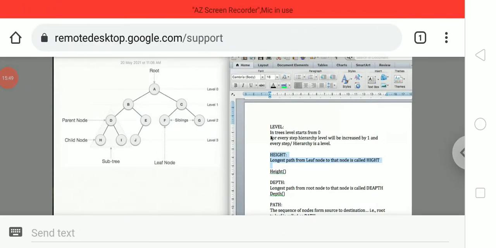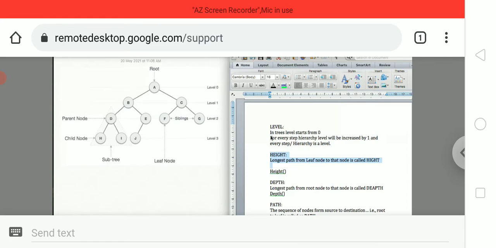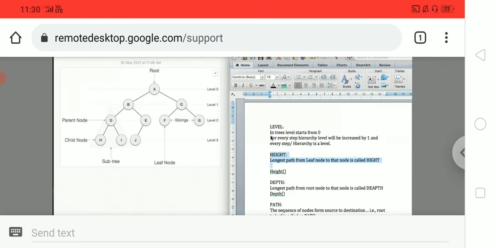Next one is height. The longest path from a leaf node to that node is called height. Okay, in this example, if we take A and want to find out the height of A, we have 2 sides for A. One is the B side and another is the C side.